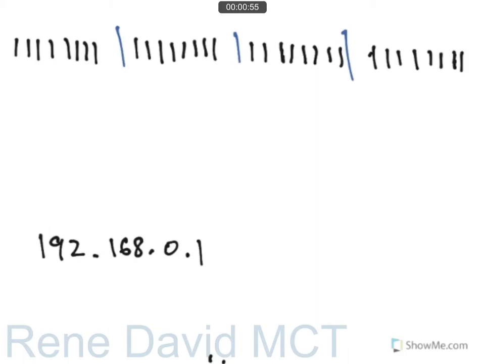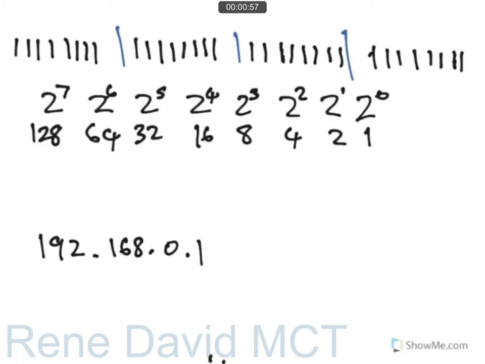Very straightforward. If you remember from our previous lesson where we looked at our 8 bits in our binary conversions, right? There's our 8 bits. You can have any number that starts with 0, 0, 0, 0, 0, 0, 0, 0, which obviously gives you 0.